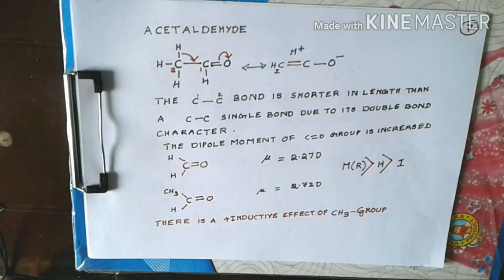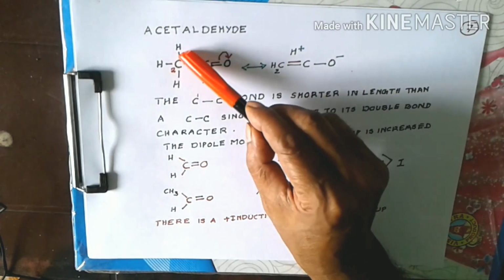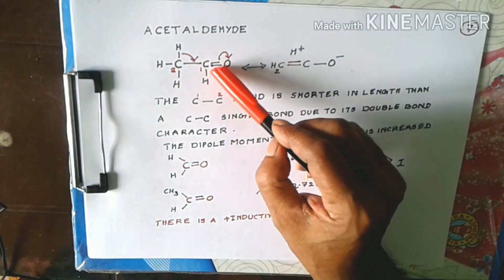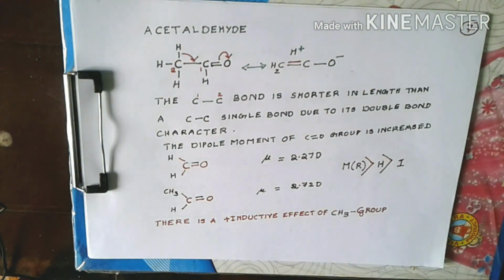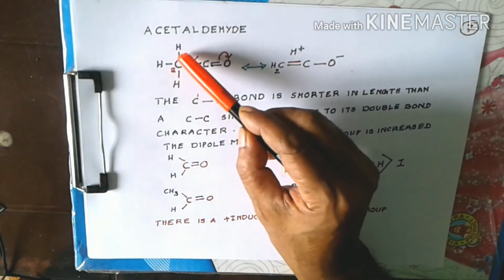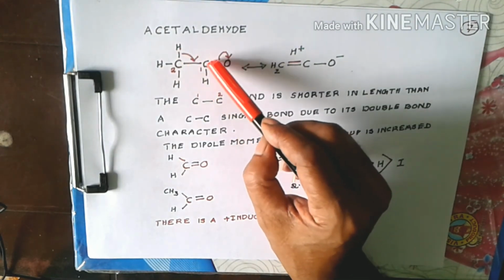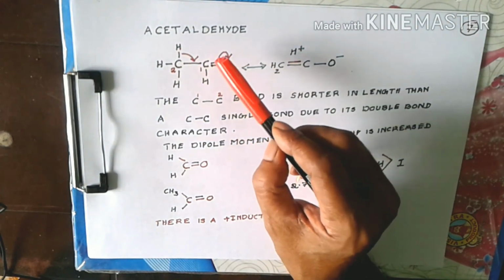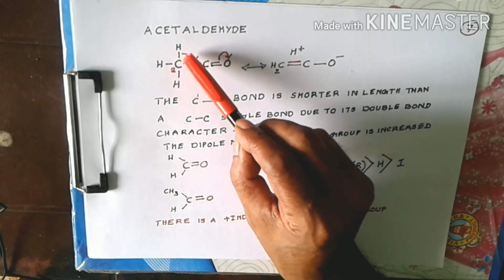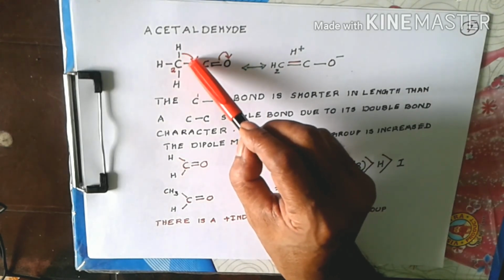Now another example is that of acetaldehyde, which undergoes hyperconjugation. There is a CH3 group connected to a CHO group, that is the aldehydic group. Now this CH bond can shift in this direction, and this CH bond is alternate to this double bond. So conjugation can occur, with the CH bond shifting in this direction.